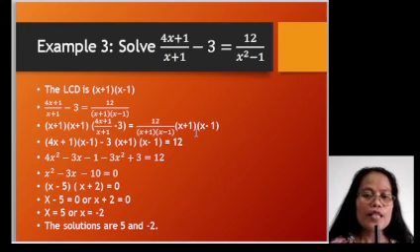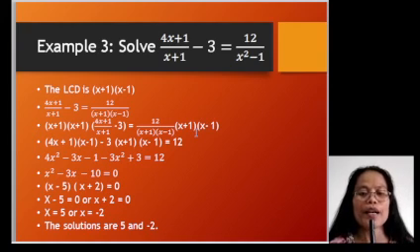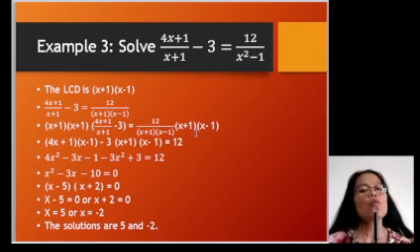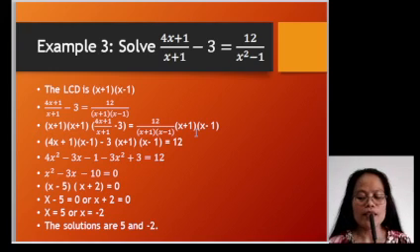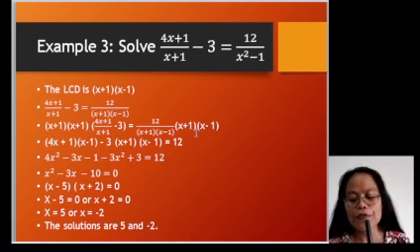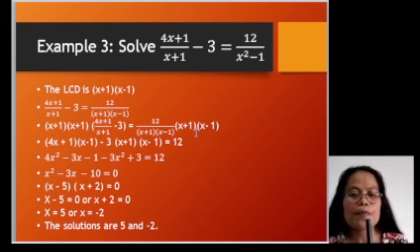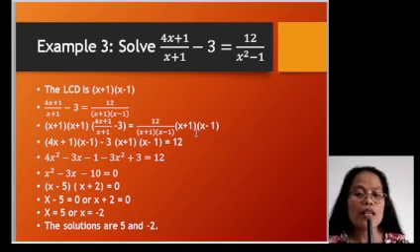So we have, solve for x: x plus 1 over x plus 1 minus 3 is equal to 12 over x squared minus 1. So what have you noticed now with the denominators? They are algebraic expressions. Now we need to find the LCD of x plus 1 and x squared minus 1.